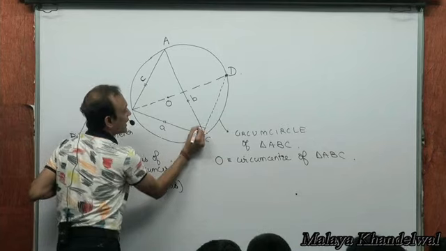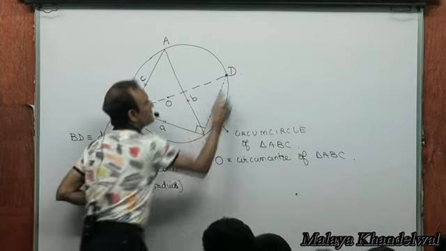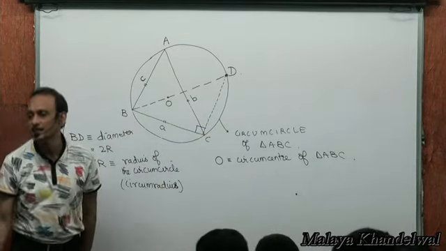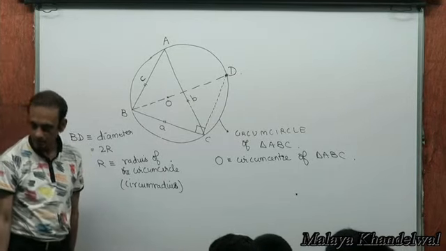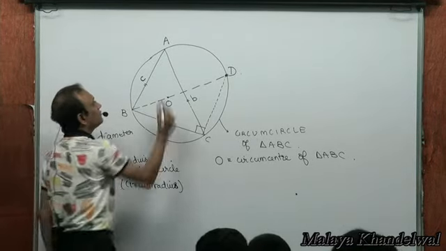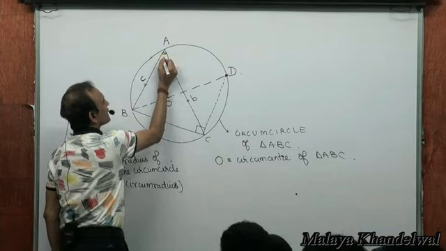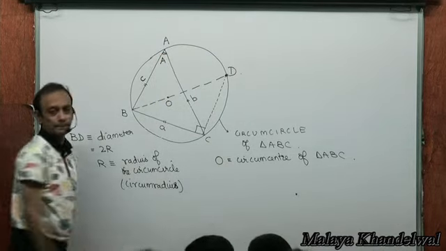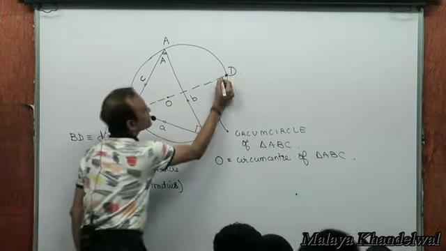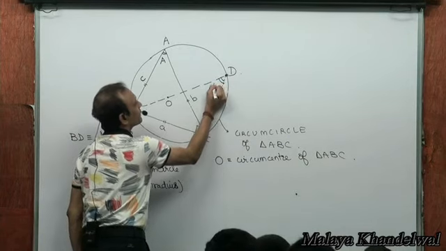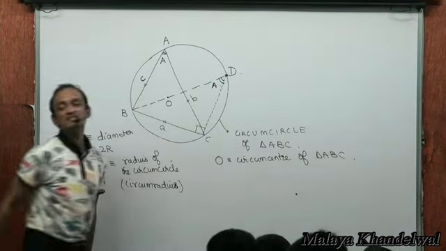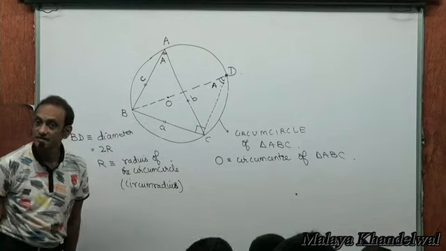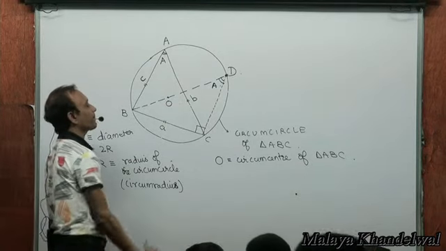That means angle BCD is 90 degrees, right? And this angle, like I said, is capital A. What would this angle be? Capital A. Angles in the same segment of the circle, right?